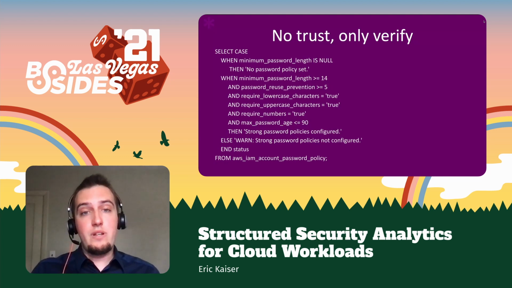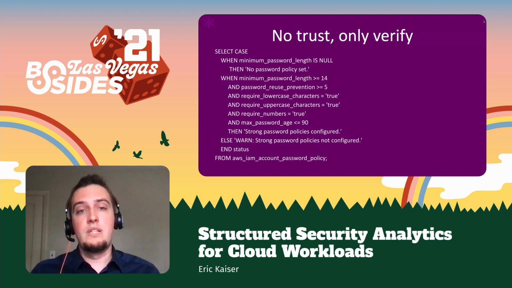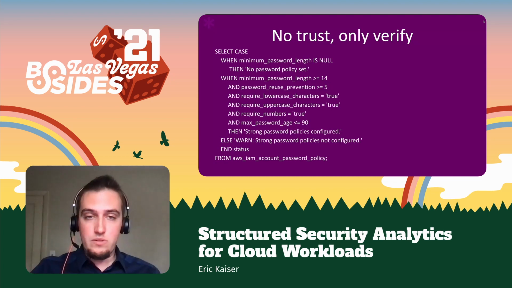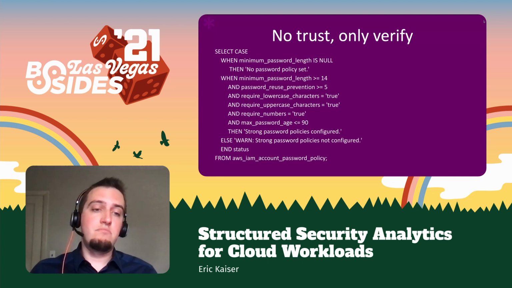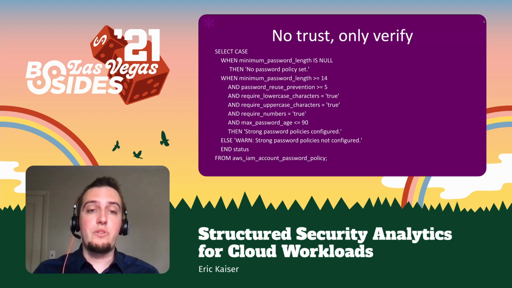Otherwise, if it's greater than or equal to 14 characters, and we have set all of these other things, require lowercase, require uppercase, et cetera, then strong password policies are configured. Otherwise, not at all. This is from the AWS IAM account password policy table, which turns all of the IAM data into, again, a SQL table you can query.